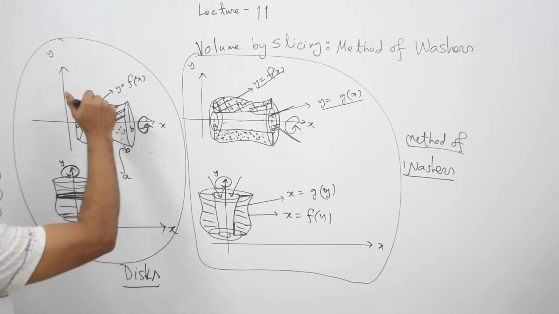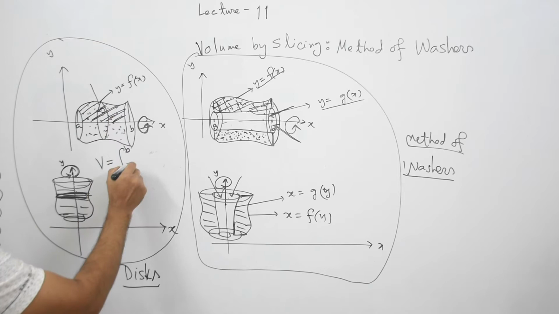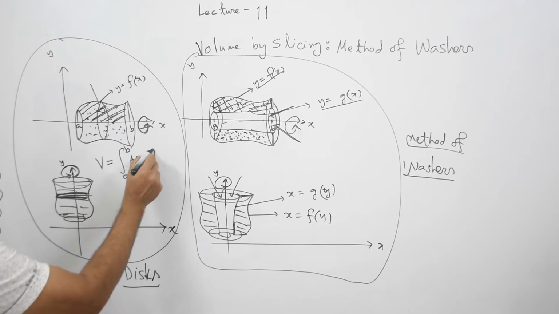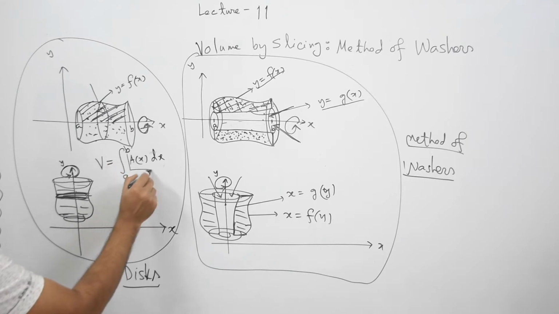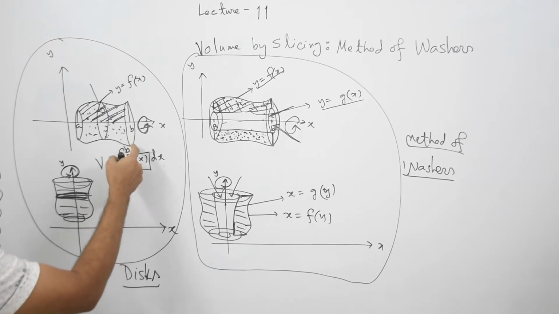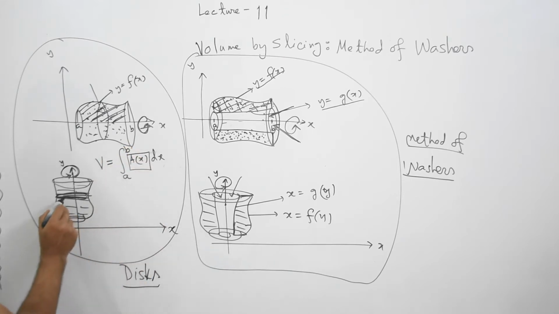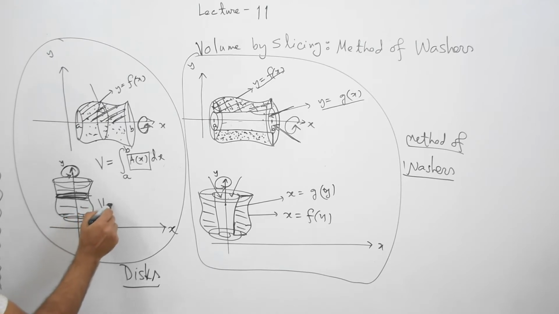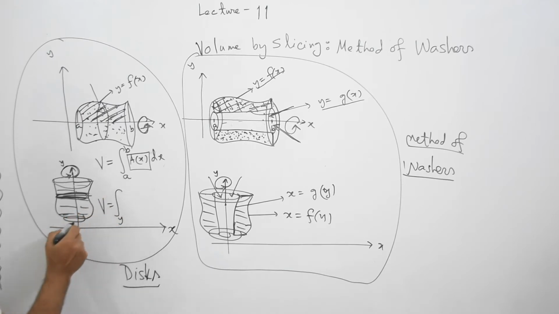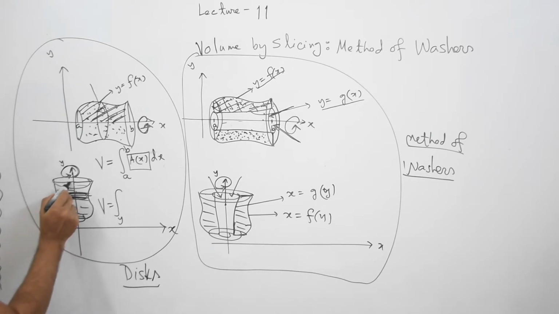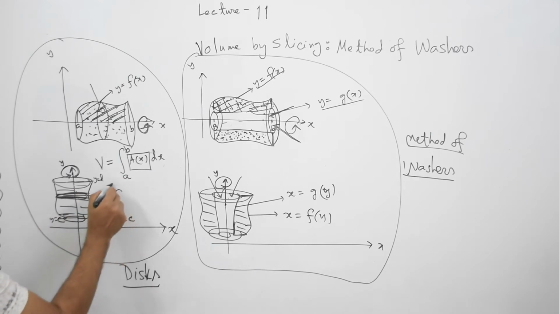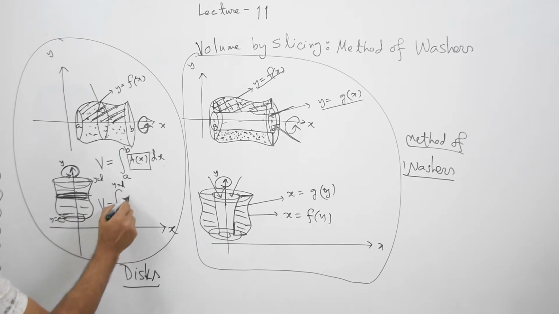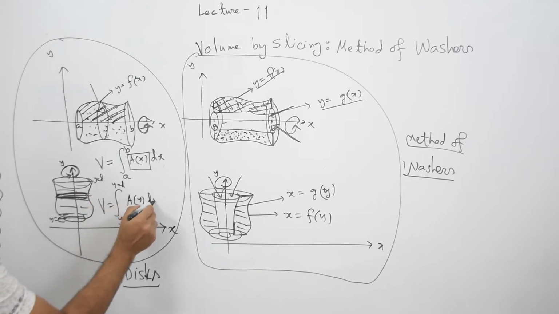The area of your cross section is a function of x, and you need to integrate the area of the cross section from one end to another. For this one, let's say y equal to c here, and here y equal to d. So y equal to c to y equal to d, A(y) dy.